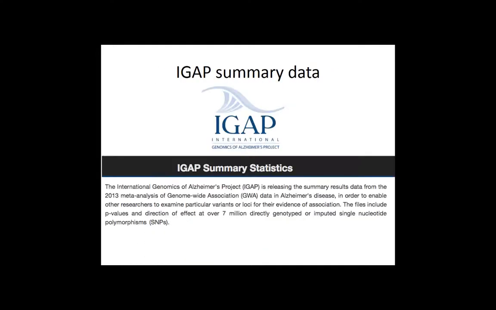Again, going backwards. This is forwards. One of the coolest things about IGAP, the International Genomics of Alzheimer's Project, is that they made the data available. So all of these effect sizes and p-values and direction of effect at over 7 million directly genotyped SNPs.